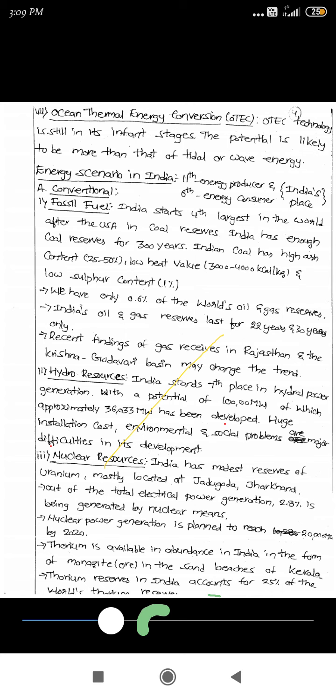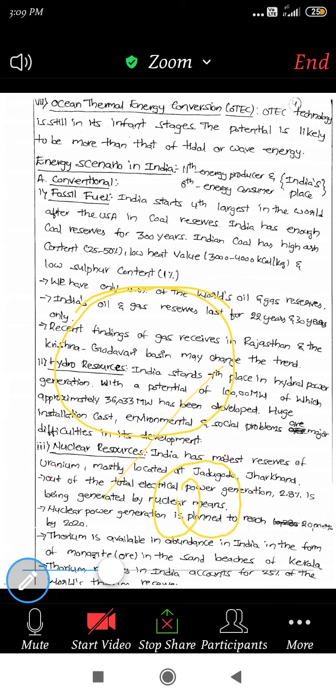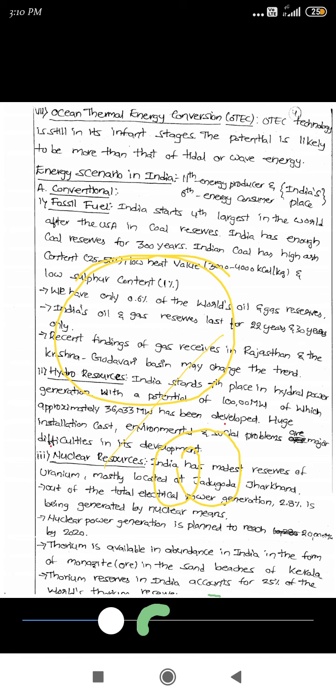All these terms relate to the concept of the energy scenario. And next, the same energy scenario in India will be explained in tomorrow's class. Okay.